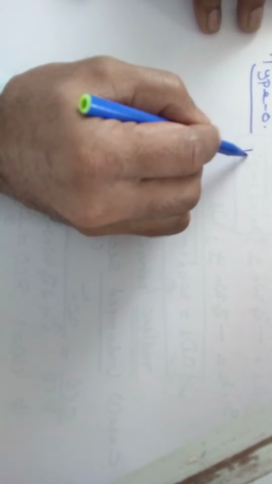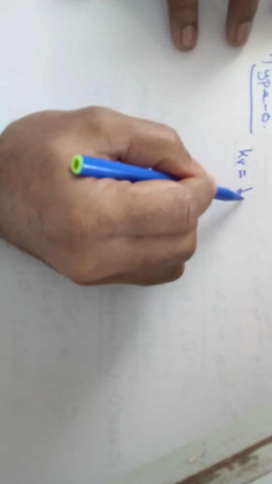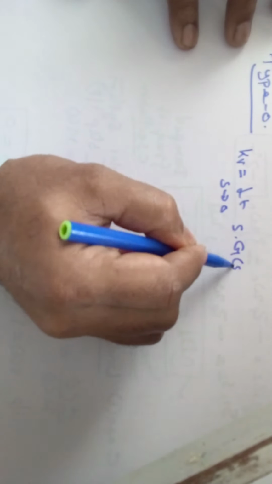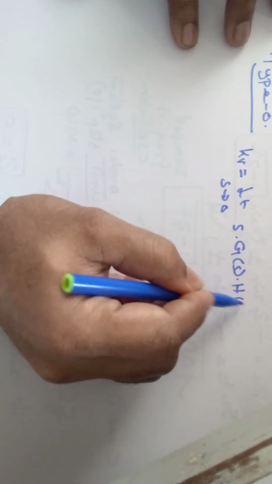So for a type 0 system, your Kv is equal to limit s tends to 0 of s into G(s) into H(s), right?